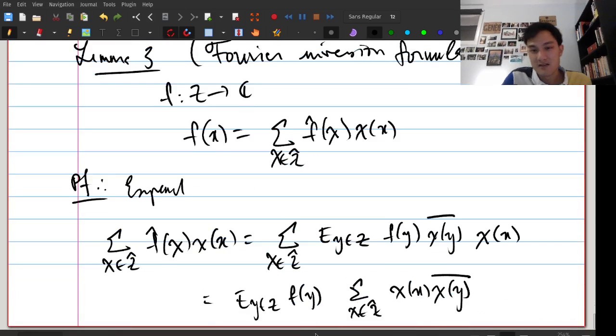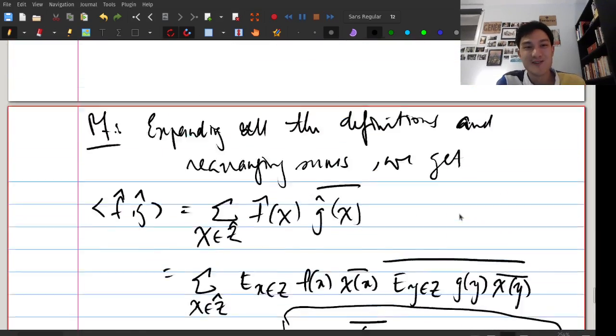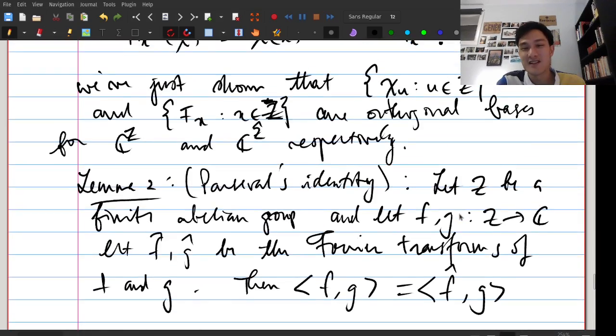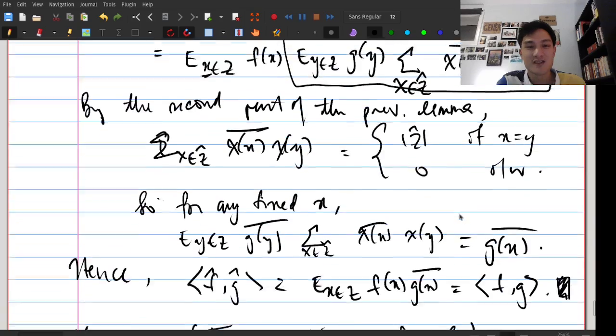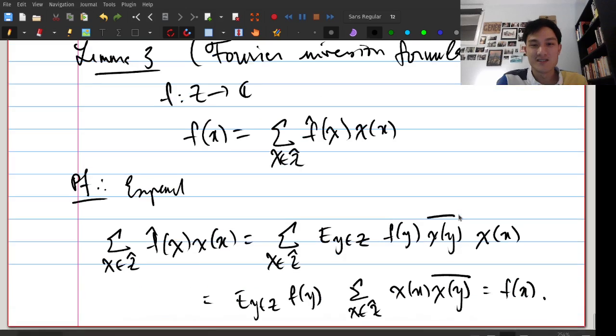But here it's equal to f of x. So we actually proved the Fourier inversion formula halfway through the proof of Parseval's identity. We could have proved Fourier inversion first, and then not had to do the same thing twice. But that is okay. We do not need to do things perfectly. We are but human.